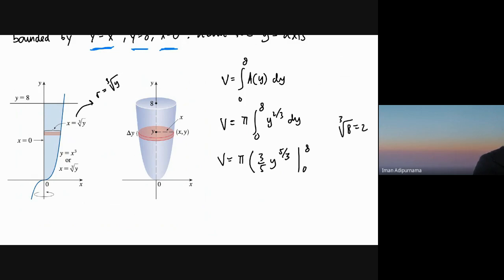Eight is 2, 2 to the 5 is 32, 32 multiplied by 3 is 96, so 96 over 5 pi.